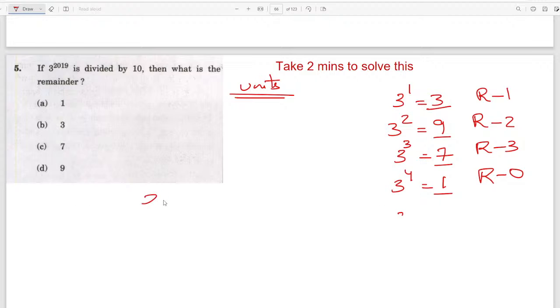So I have 2019 here, and when I divide it by 4, 4 1s are 4, 4 5s are 20, and then 4 4s are 16. The remainder is 3.